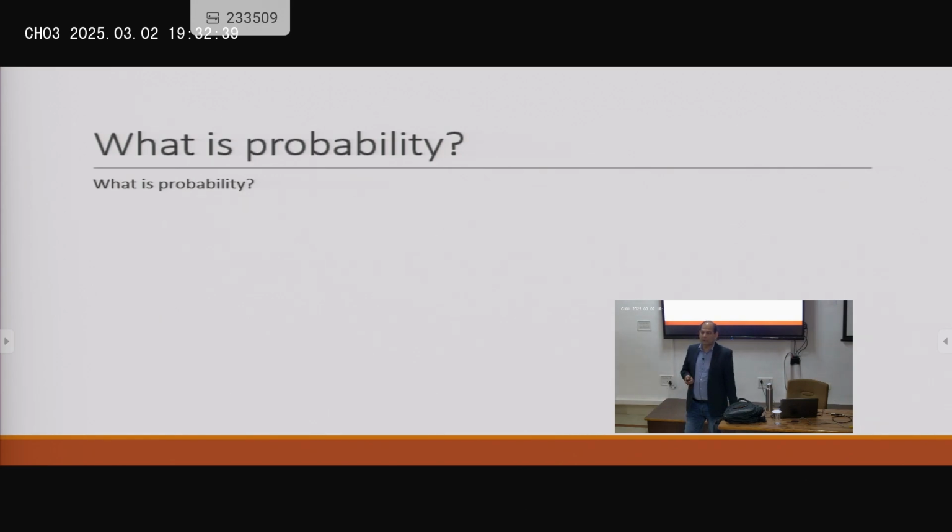What is probability? Chances of occurrence. Okay. How do you find chances of occurrence of an event? How do you find the chance of occurrence of an event? How do we find it?